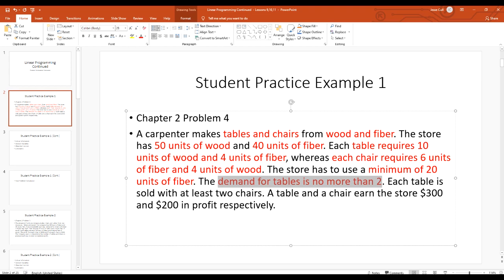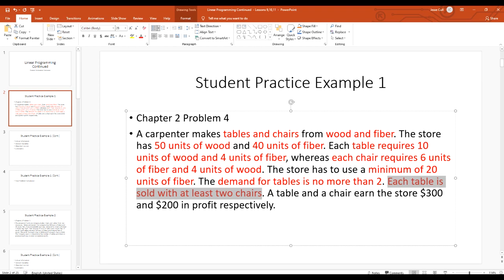Finally, each table is sold with at least 2 chairs. So if we sell a table, we have to sell 2 or more chairs with that table. We cannot sell less than 2. So here, essentially, we assume we've covered most of our constraints.